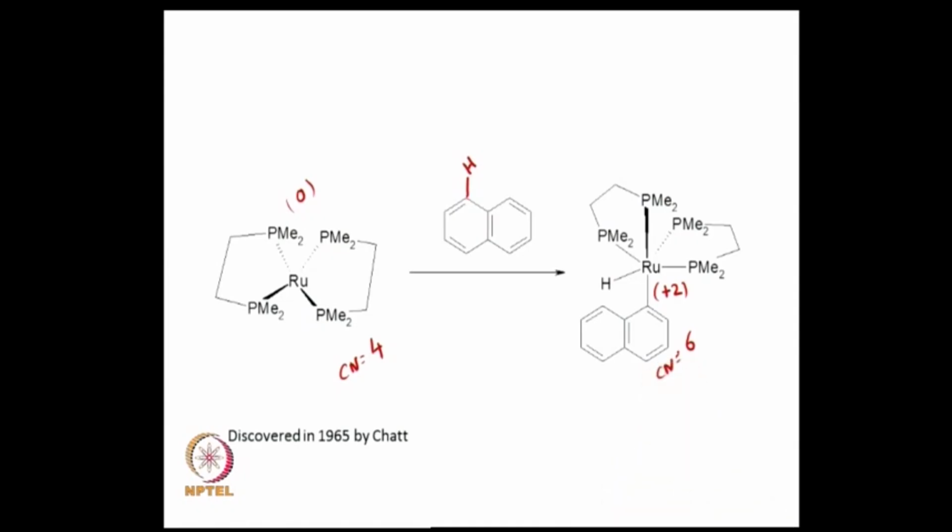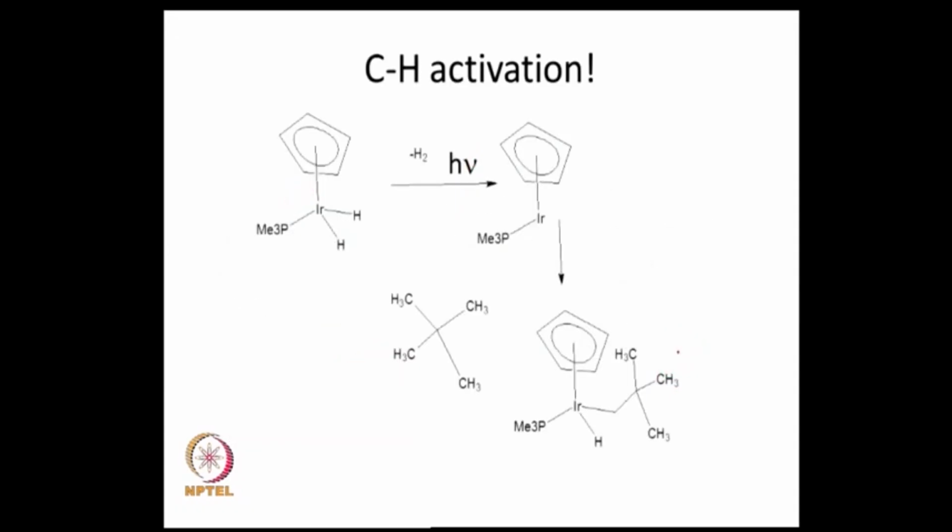Now, exactly how the ruthenium is able to carry out this type of addition reaction is in fact the key feature which separates transition metal chemistry from main group chemistry. Here is another very interesting example, because here we are going to take not an aromatic ring hydrogen, but an alkyl hydrogen.